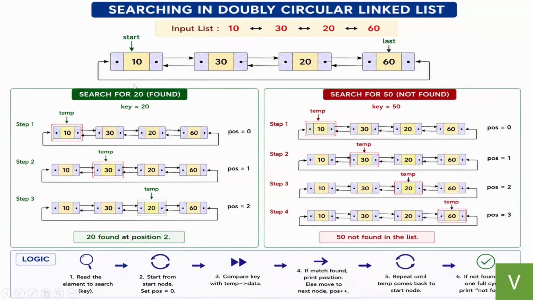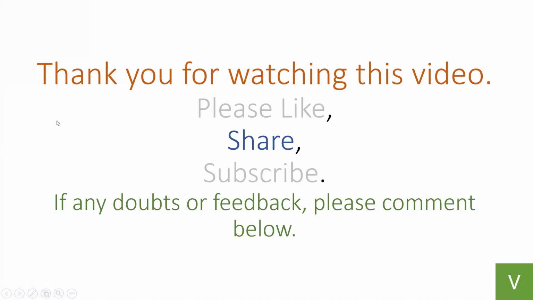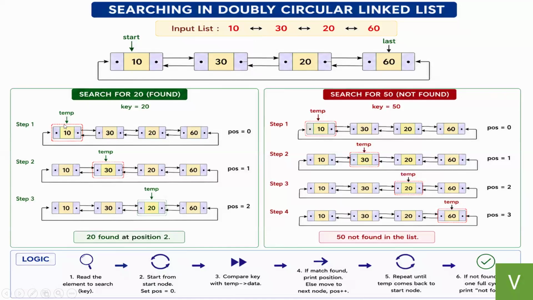Coming to the topic, if we want to search the element 20 in the given double circular linked list, we will start with the starting node, which is element 10, and compare it with 20. Both are not equal. So we will move the temp to the next node: temp is equal to temp of nlink. Now temp reaches the second node, which is 30.